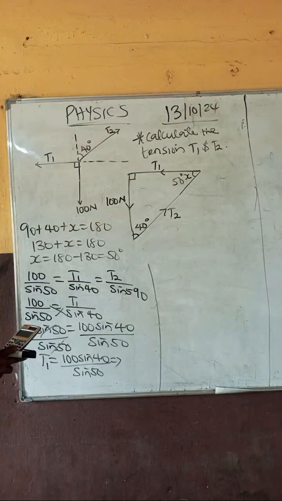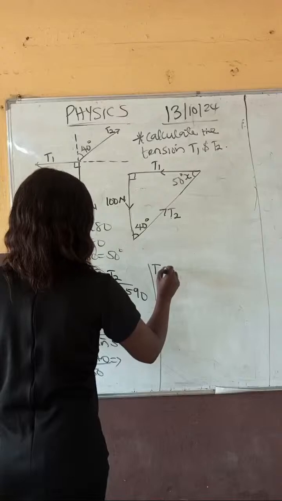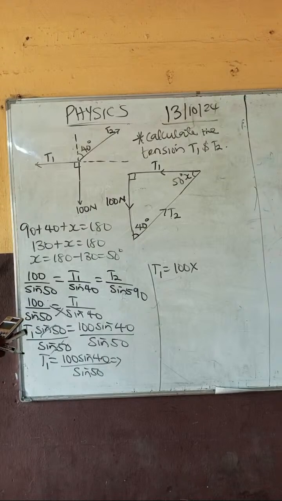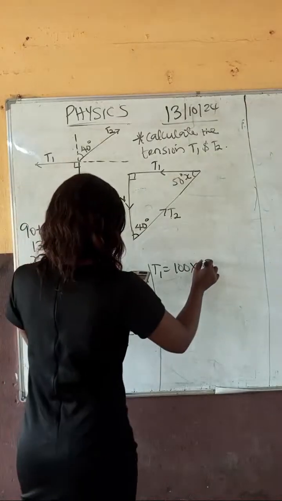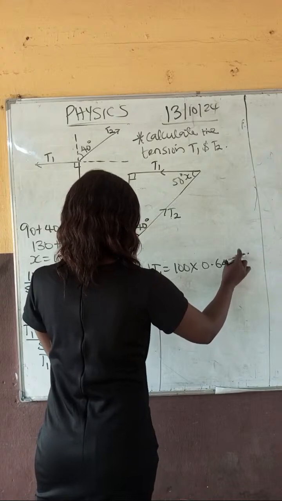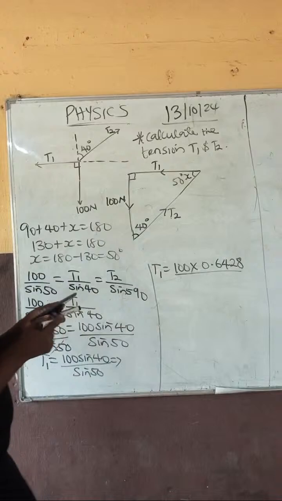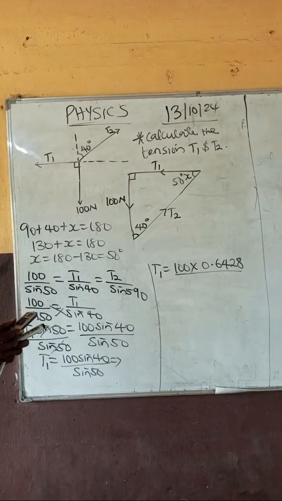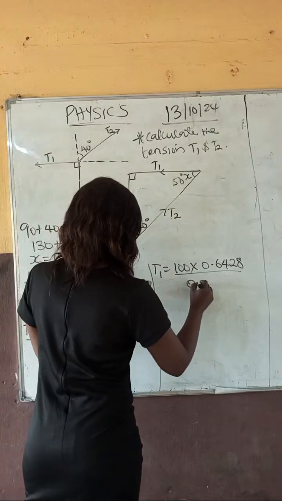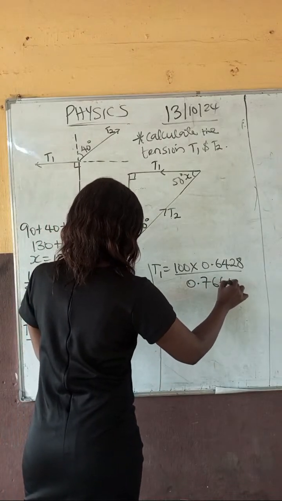Now let's work it out with our calculator by saying T1 is equal to 100 times sine 40 is equal to 0.6428, okay, approximately, divided by sine 50 is equal to 0.7660.